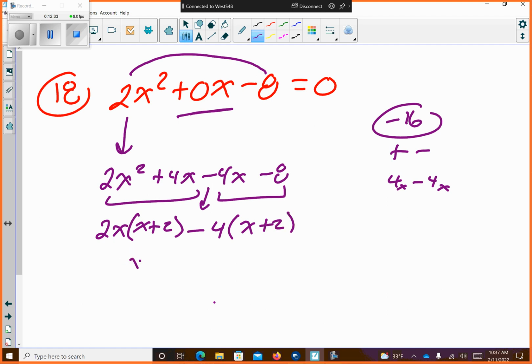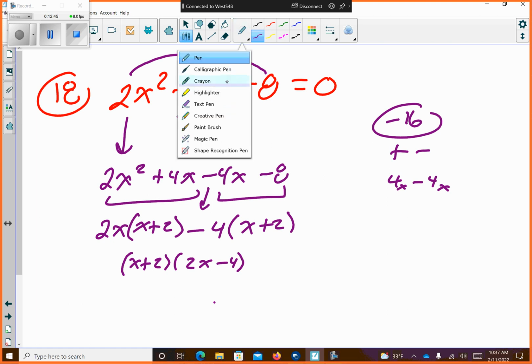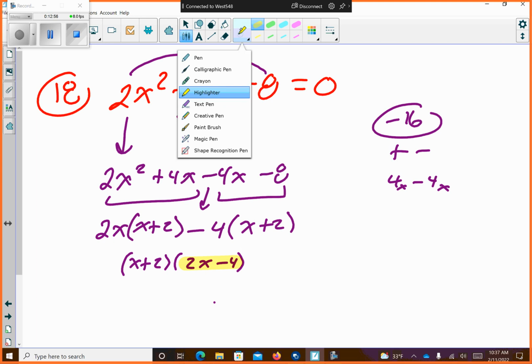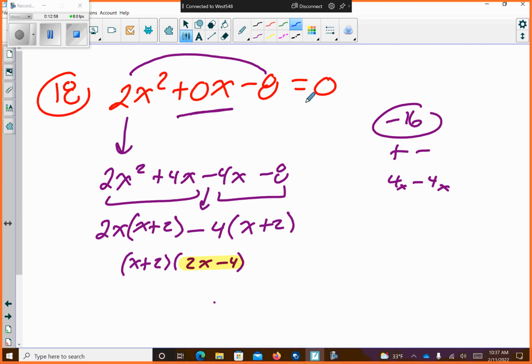So the goofy thing about this one, so I will tell you, if this was a factoring problem, there's something that's happening that we don't necessarily want, because that right there, what I highlighted in yellow, is not truly factored all the way. But because we are solving these, it'll go ahead and work out appropriately because it's equal to 0. Okay? So I get x plus 2 equals 0 and 2x minus 4 equals 0.